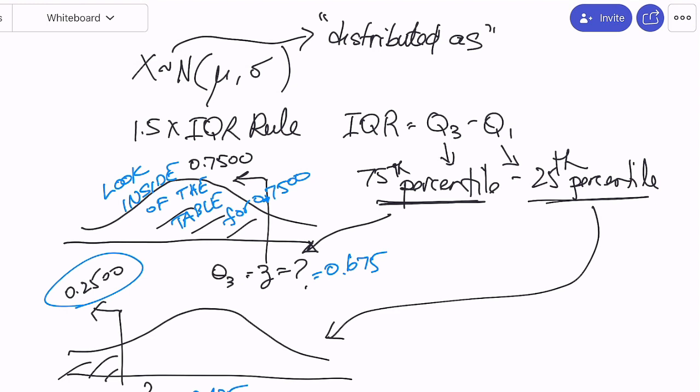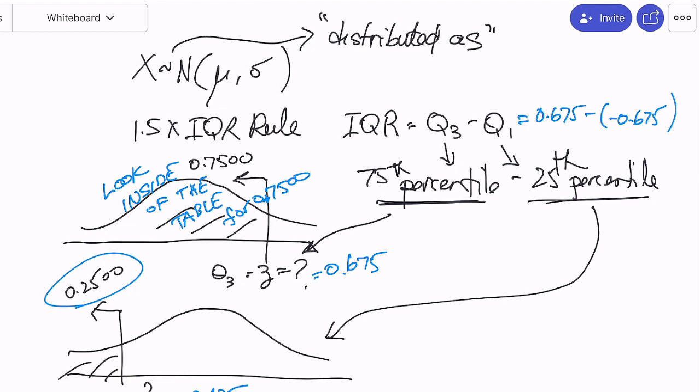Everybody with me so far? Next, you subtract them. So you're going to take 0.675 minus negative 0.675.